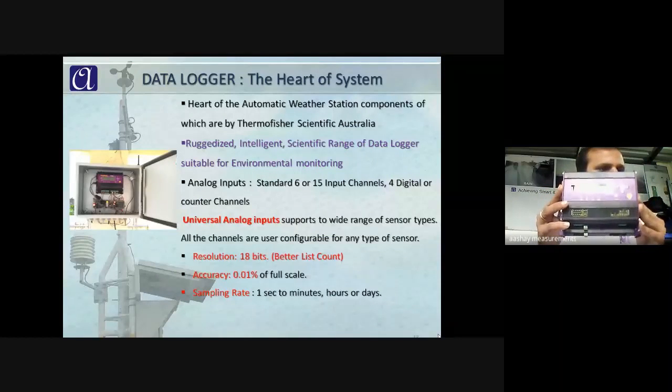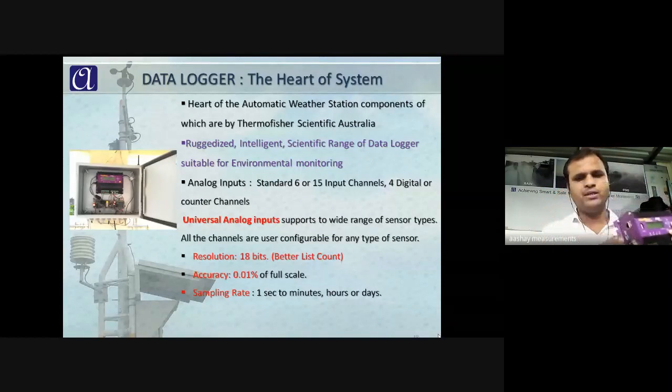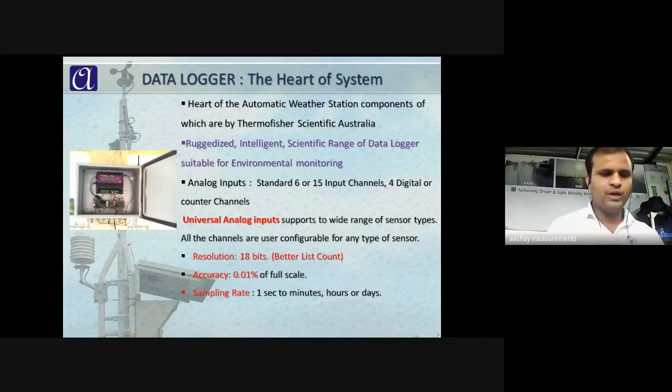The data logger is an important device in the automatic weather station, and it is the heart of the automatic weather station. A data logger is a device which acquires, processes, and stores information and parameters like temperature, humidity, wind speed, wind direction, barometric pressure, solar radiation.